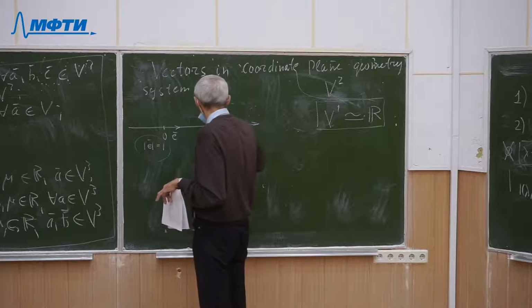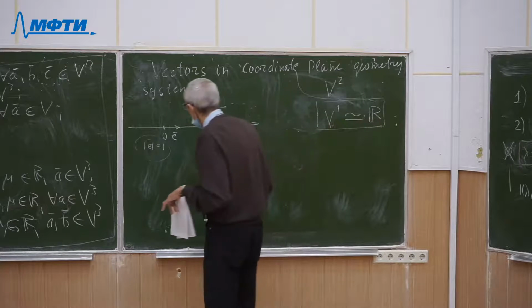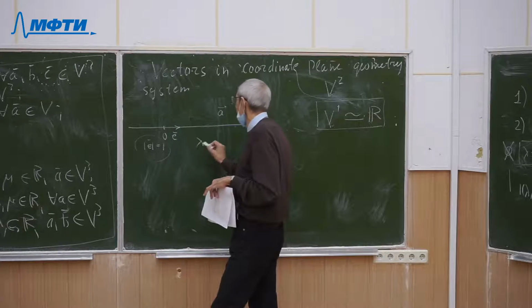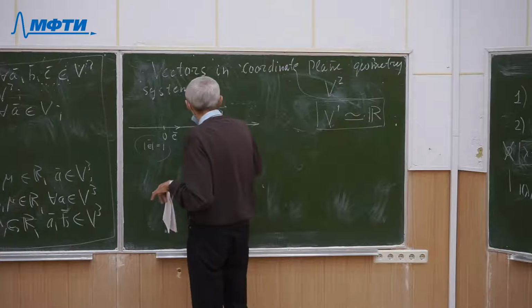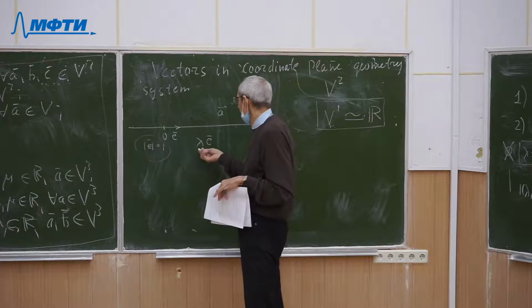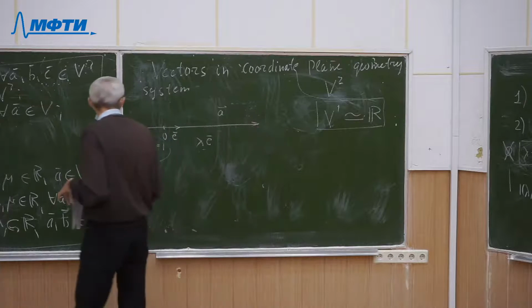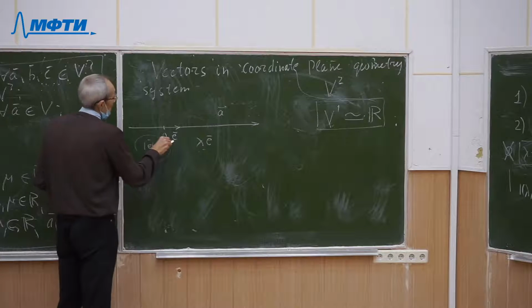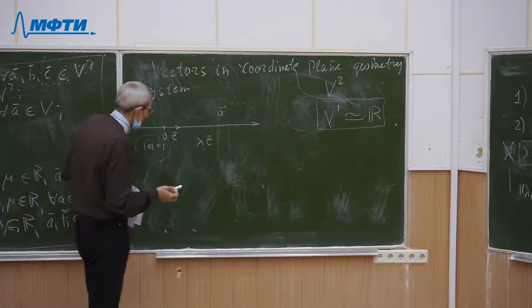Any vector parallel to this straight line can be obtained as the scalar product of some real number lambda and E. The length of this vector is equal to modulus lambda, and if lambda is greater than 0, we have a vector which has the same orientation as E, and opposite orientation if lambda is less than 0.